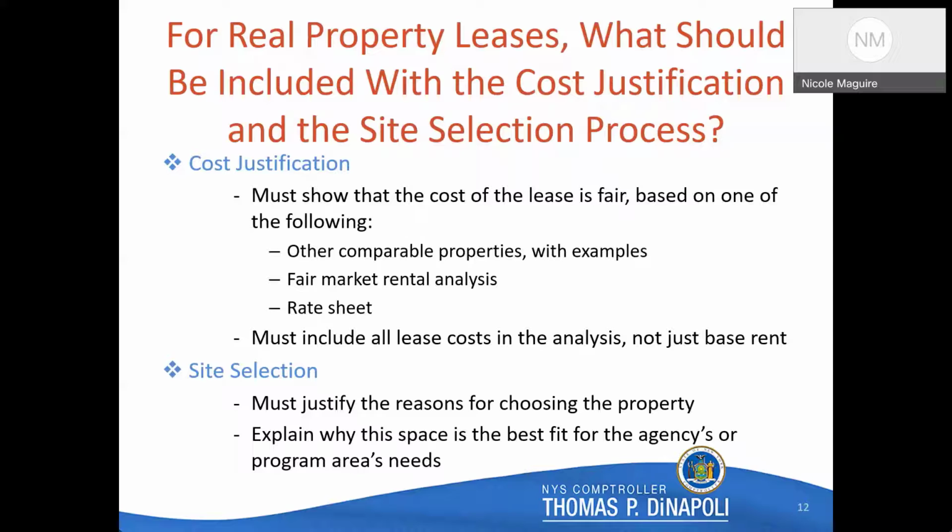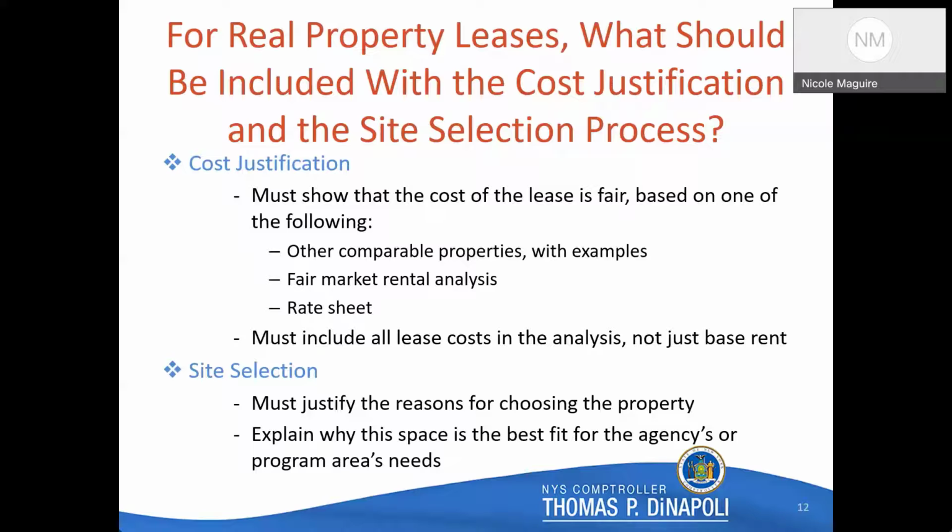The cost justification should show a consideration of all costs considered and included in choosing the lease property, not only base rent. For example, if an agency is currently in a building and ready to begin a new lease, moving expenses might be required to relocate office space and furniture to any other property. Showing these expenses are above and beyond the costs required to stay put is just one way to establish why the current space is the best fit for the agency's or program area's needs.